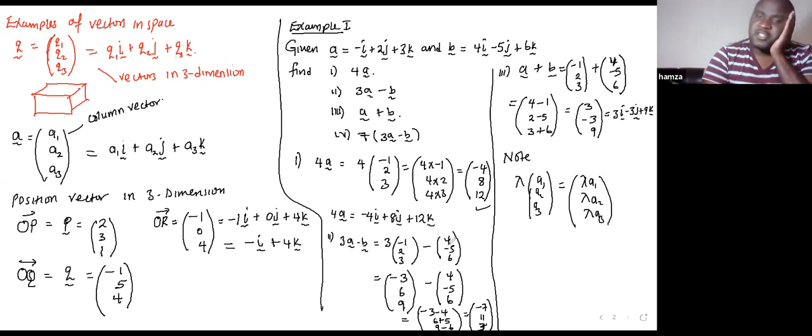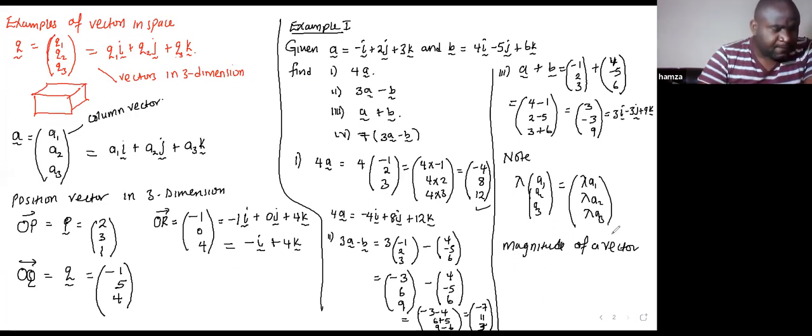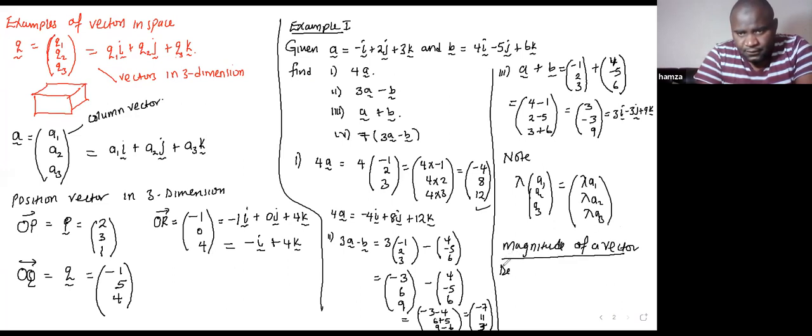Now, the next definition we're going to talk about is the magnitude of a vector. It is denoted by the symbol.